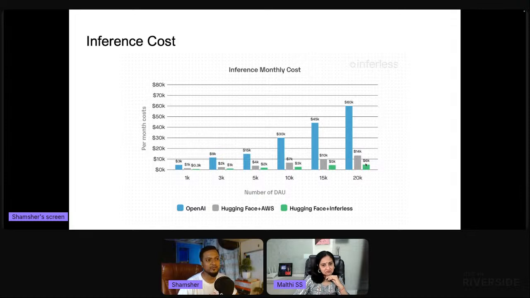Multiply that, and just imagine how much cost they might be incurring for responding to your free queries. You go to ChatGPT, you type anything that you want, it gives you an answer for free. You can definitely buy their plan, but they are still not running at a profit, even on the paid models. So 20K users multiplied by 500. Now imagine the cost that OpenAI has to go through just to generate this text and give you a response.